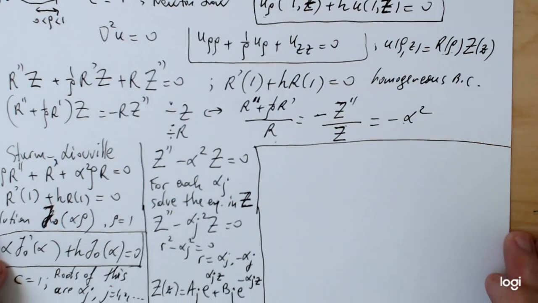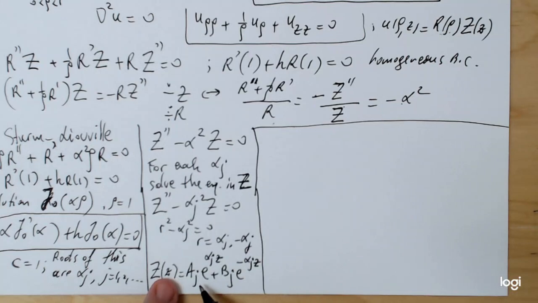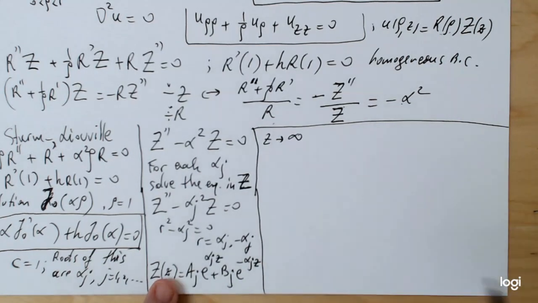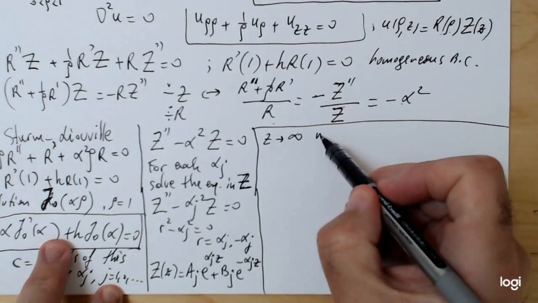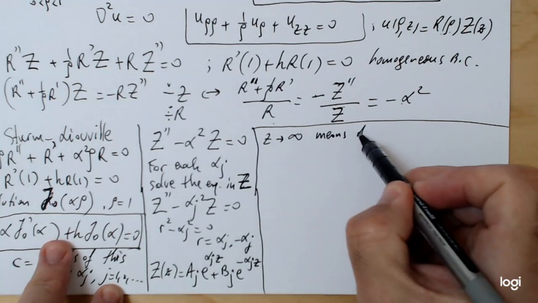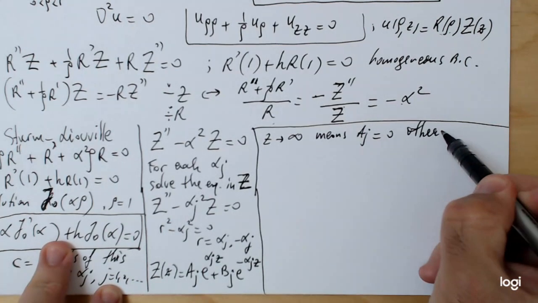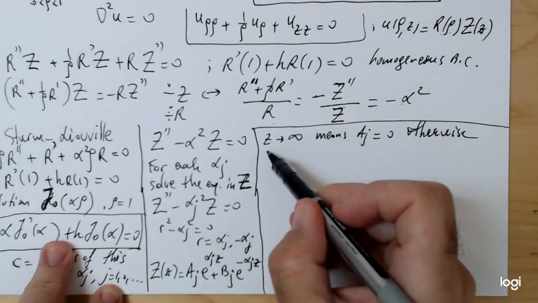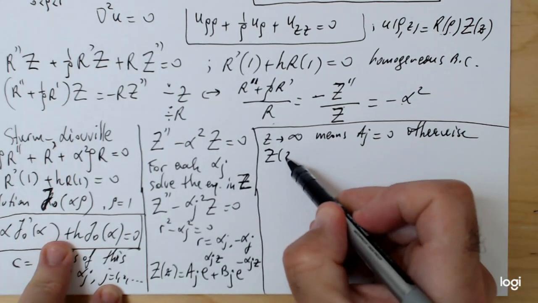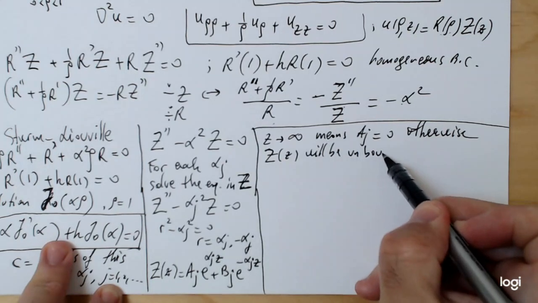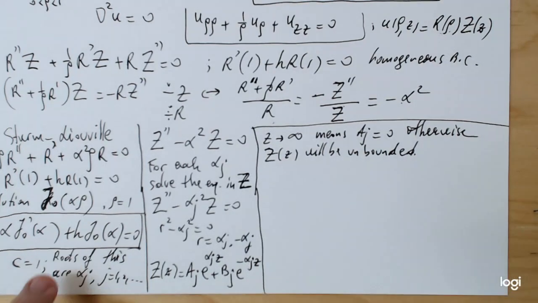And notice that because the domain of z is unbounded, because z can go up to infinity, a j must be 0. Otherwise, big Z of little z will be unbounded, which doesn't make sense from a physical perspective.